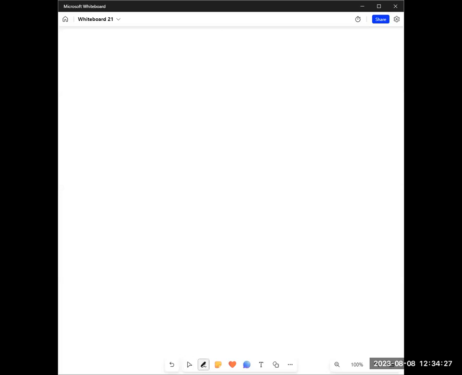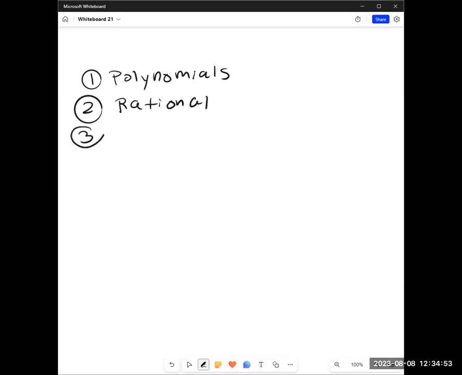So we've got three different types of problems that we've got techniques for finding the difference quotient. Our first type is polynomials, and they're pretty straightforward. Our second one is going to be rational, and our third one is going to be radical functions.